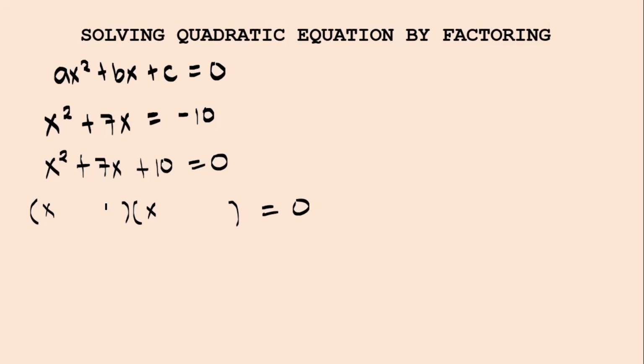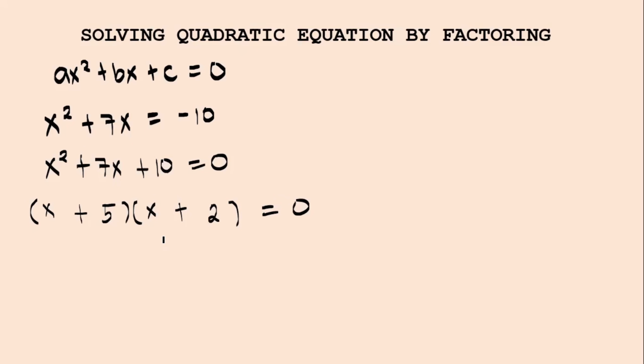So that is 5 and 2, both positive. Okay? Positive 5 and positive 2. So, positive 5 multiplied by positive 2, the answer is positive 10. Positive 5 plus positive 2, the answer is positive 7. Okay?